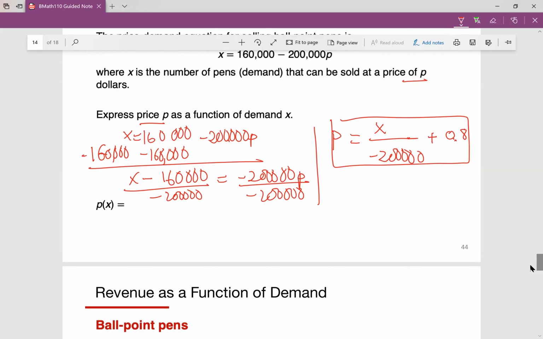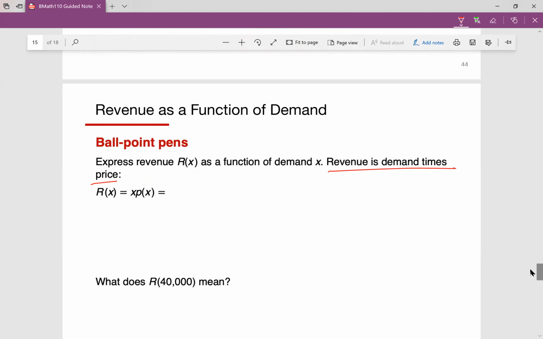So I have P of x equal to x over negative 200,000 plus 0.8. Let me write it down. I have x here, and I multiply by x over negative 200,000 plus 0.8.